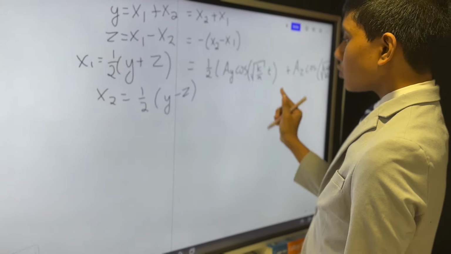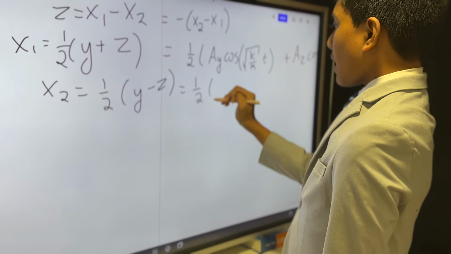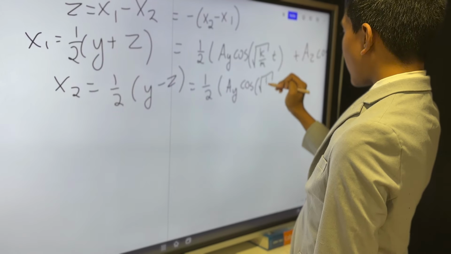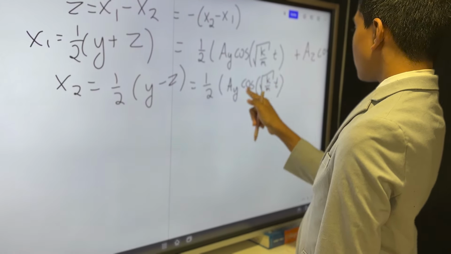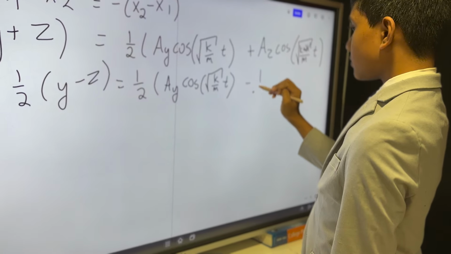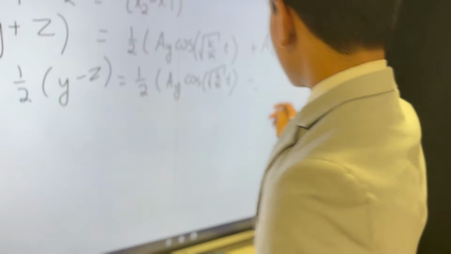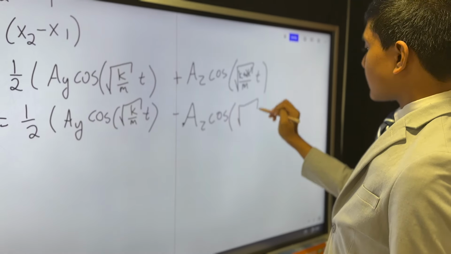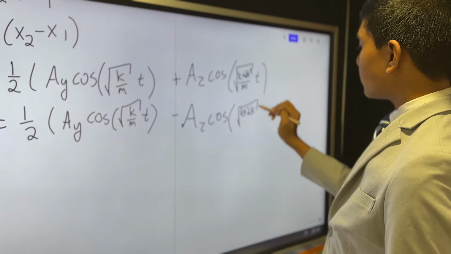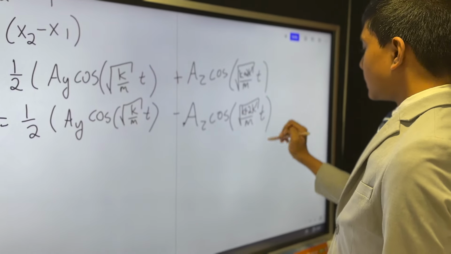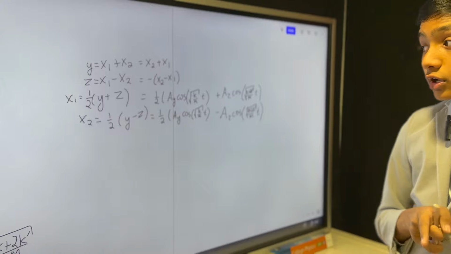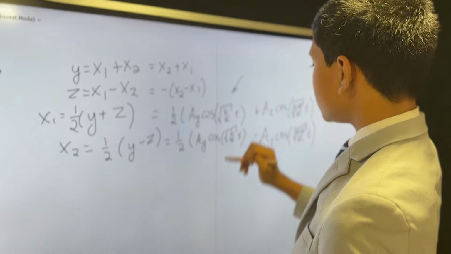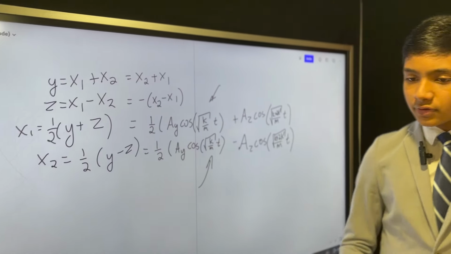And for the other one, we get half ay cosine root k over m t minus half az cosine root k plus 2k prime over m t. All right, but we're not actually done, since we can actually find two very special cases for these.